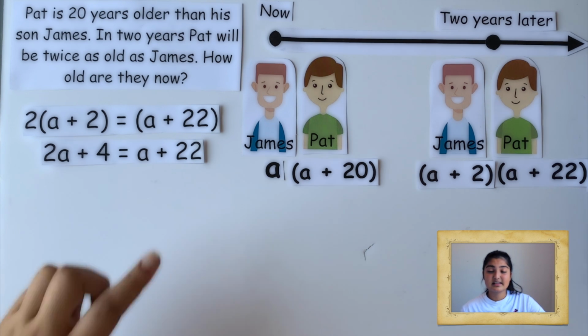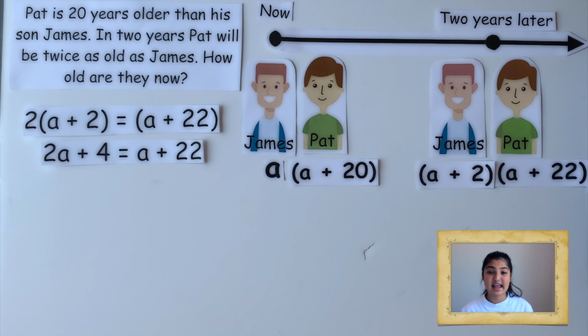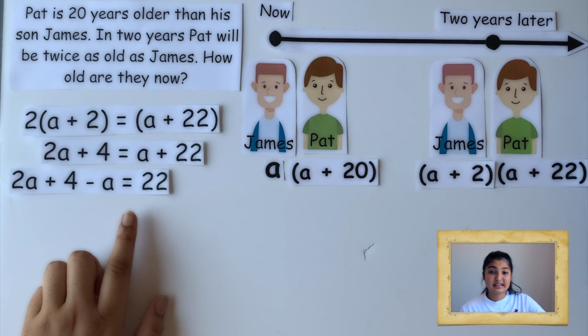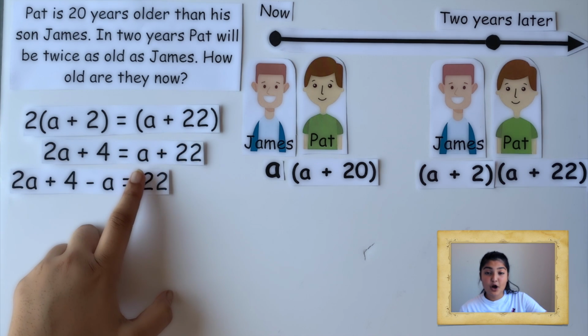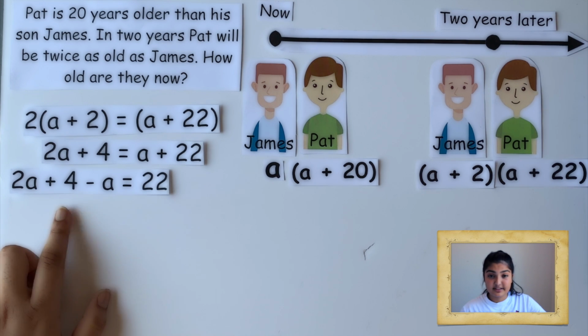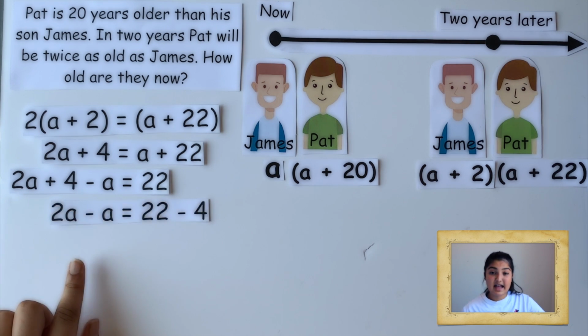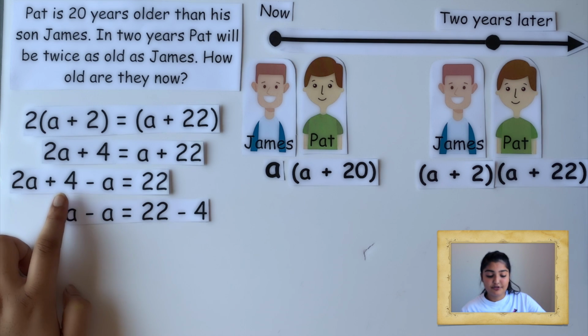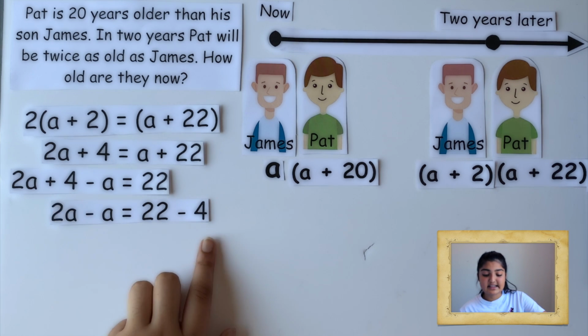Next, let's take the variable terms to one side of the equal sign and take the constants to the other side. As you can see, I brought positive A to the other side of the equation. And now, I took 4 to the right side of the equation.